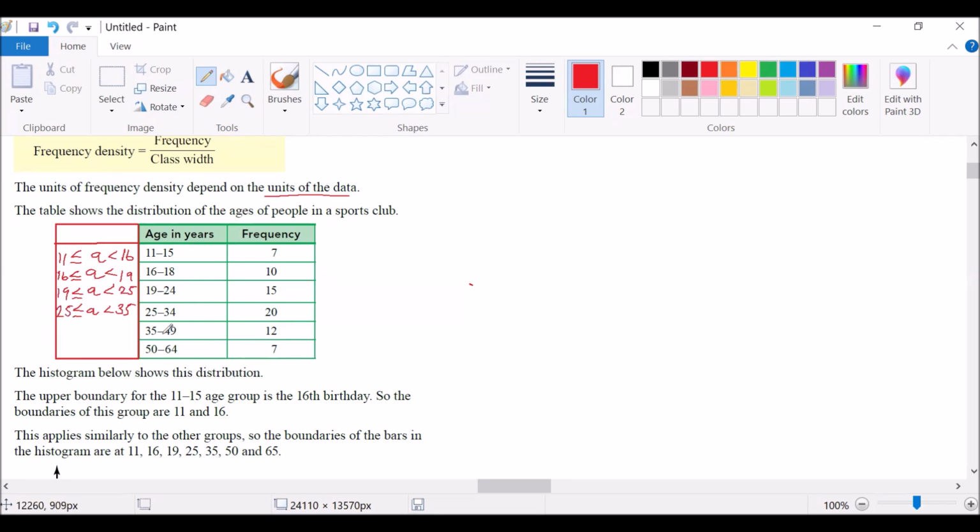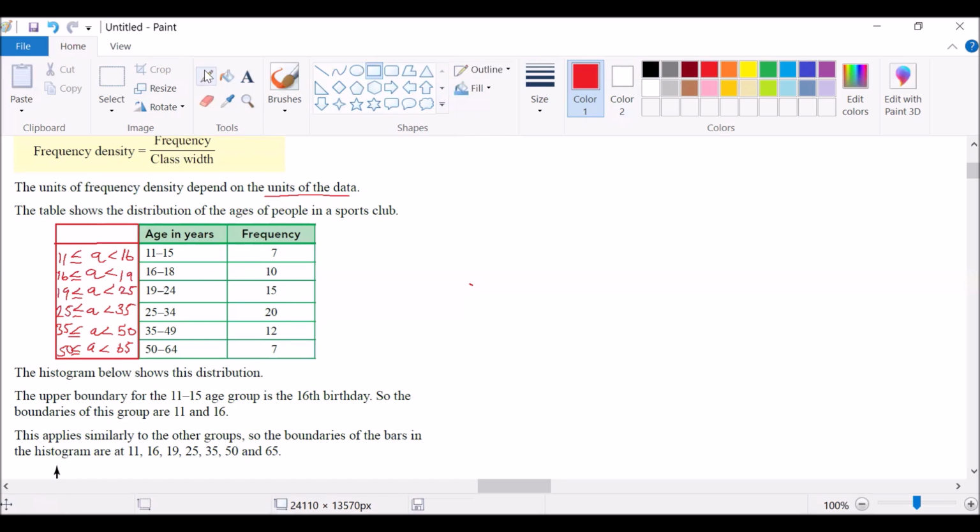For the next age group, any age that is below 50 falls into the 49 range, and the lower limit is 35. For this row, our upper limit is 65, so any age that is below 65 falls into 64 or less, and our lower limit is 50. Now we have grouped our data as continuous.